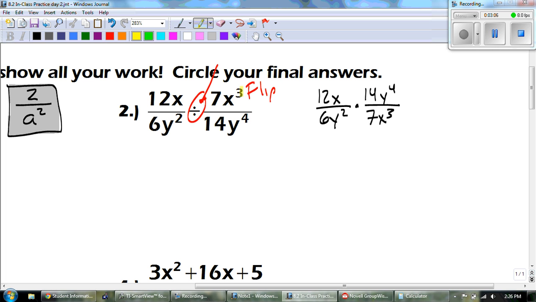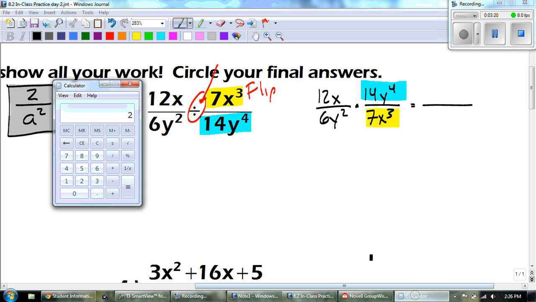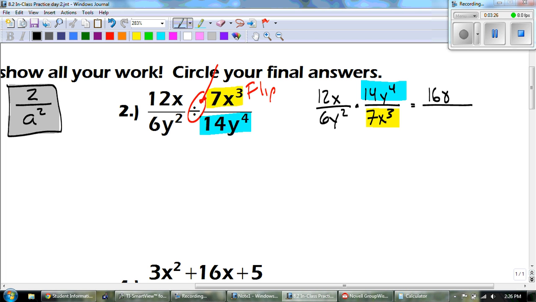So if you can take a look, the top went to the bottom and the bottom went to the top. Okay, now we can multiply straight across. 12 times 14. Well, 12 times 14 gives us 168.